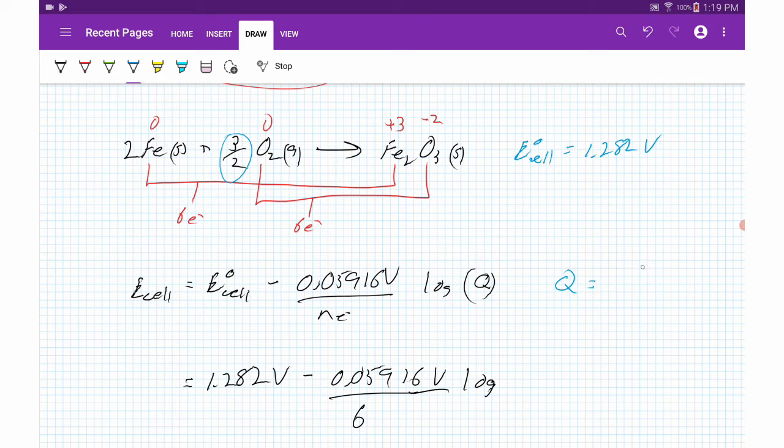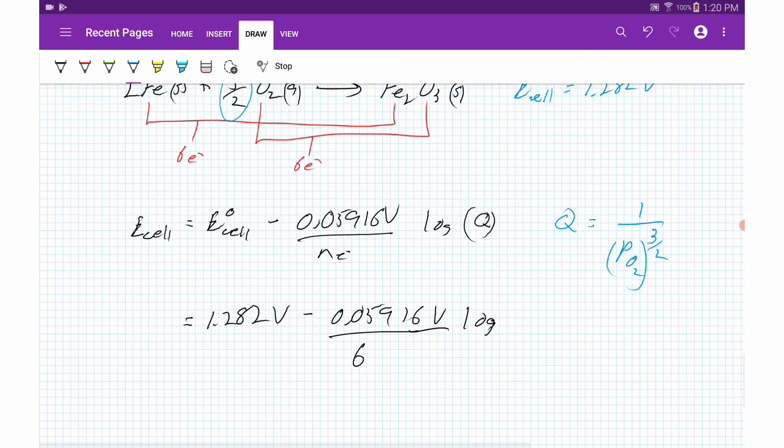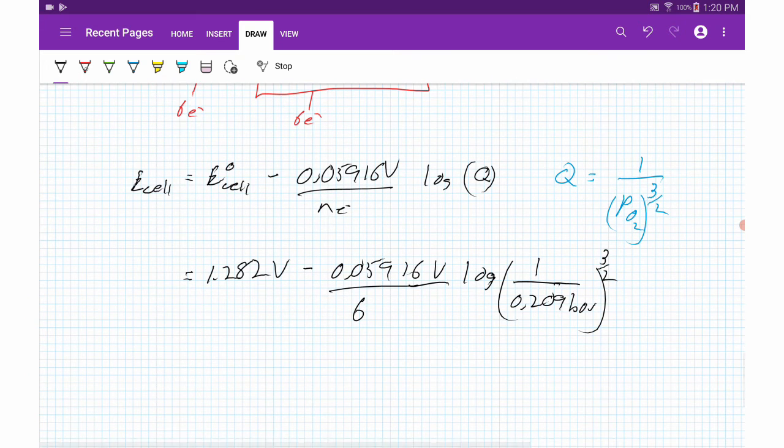Everything else is solids, so Q here is simply 1 over the partial pressure of oxygen raised to its stoichiometric coefficient. And so this is 1 over 0.209 bar raised to the power of 3 halves. When you do all the math here, you get 1.272 volts.